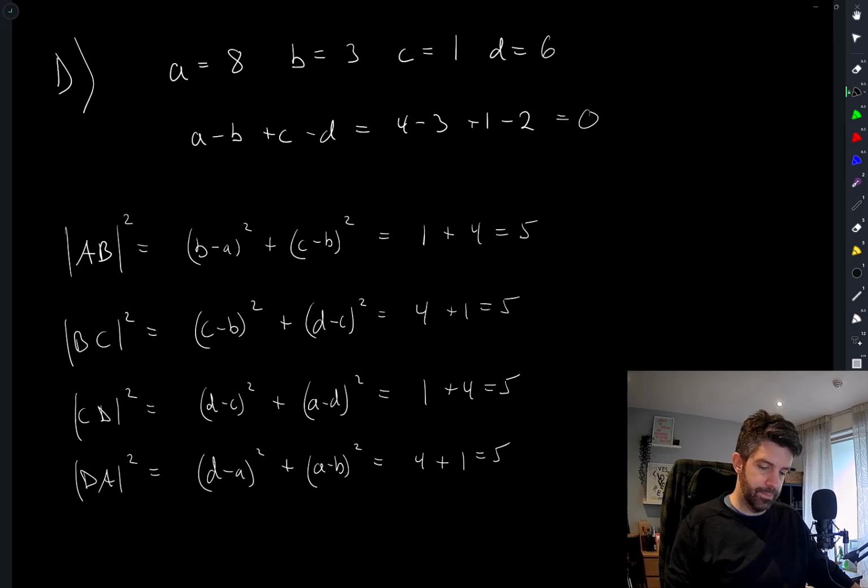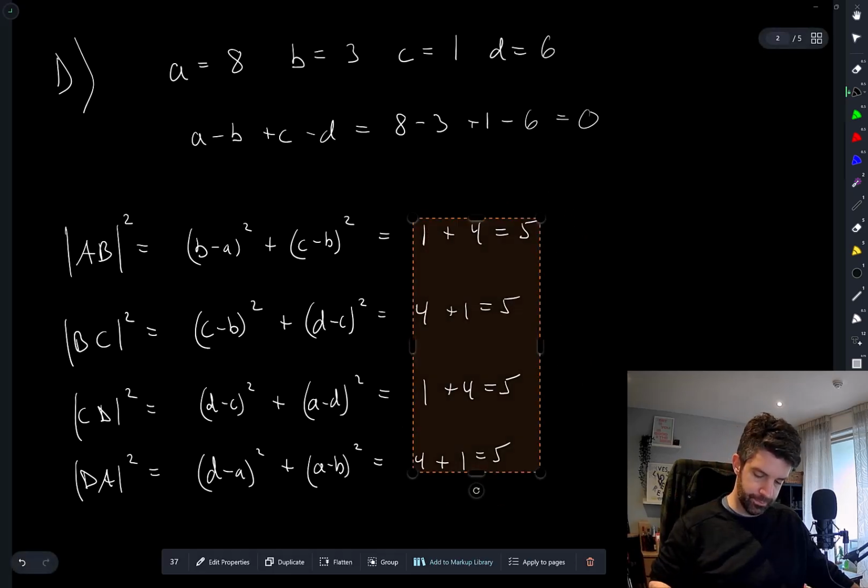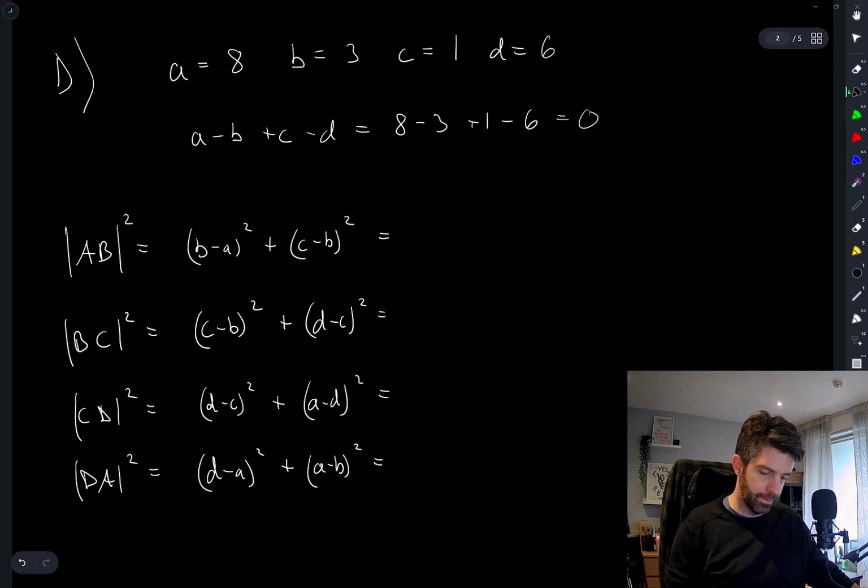A minus B, 8 minus 3, plus 1 minus 6 is equal to 0. And let's just recompute all of these. (B minus A) squared is 25.